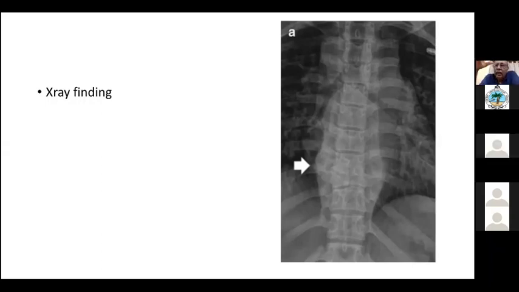What are the other radiological signs you can enumerate in tuberculosis of the spine? Tell me 5 radiological signs. This is the common thing that is asked for your exam.